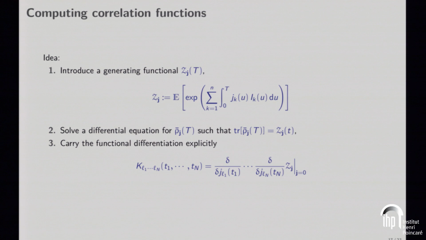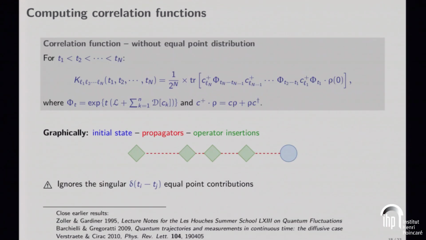And then you just solve the equation for this auxiliary density matrix. And as the last step, you carry out the functional differentiation of this generating functional that provides you the correlation function. So at every step, you can just use standard stochastic calculus techniques. And in a way, I'm not sure there is anything so interesting in the proof. So let me just stop at this sketch, and if you are interested, you can check the reference I'll show at the end.